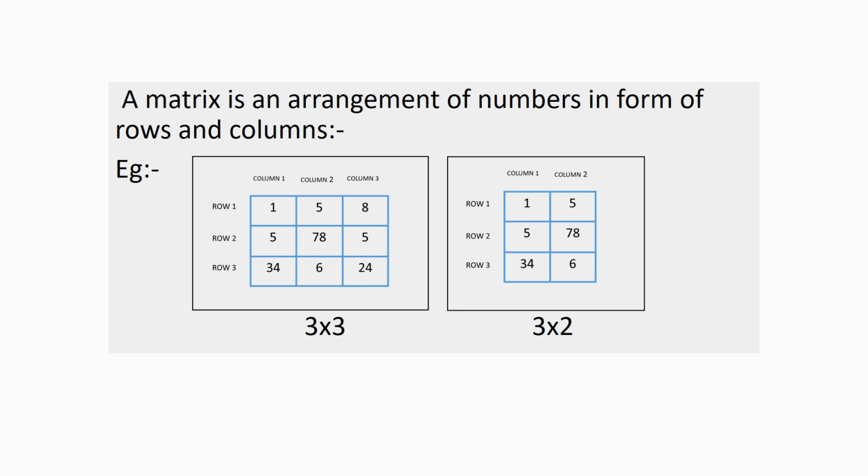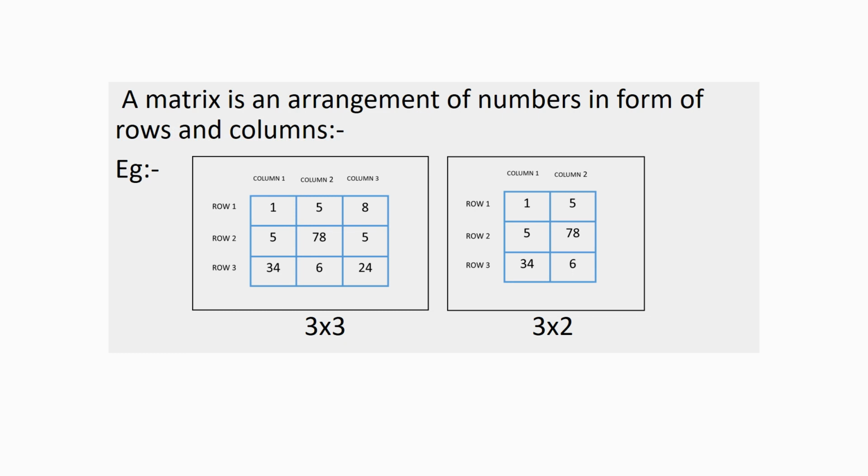So basically matrix is an arrangement of numbers in form of rows and columns.